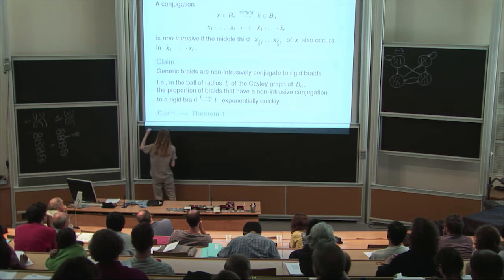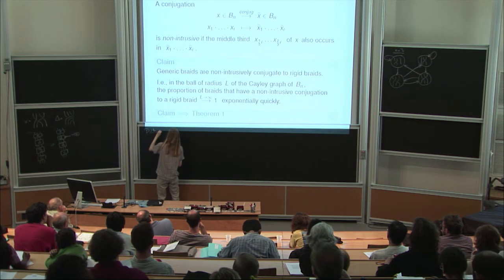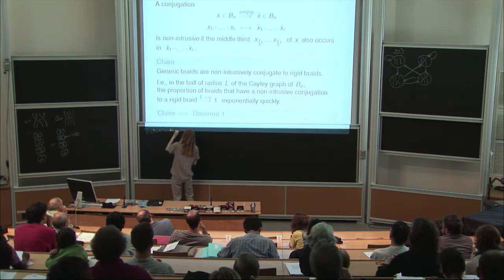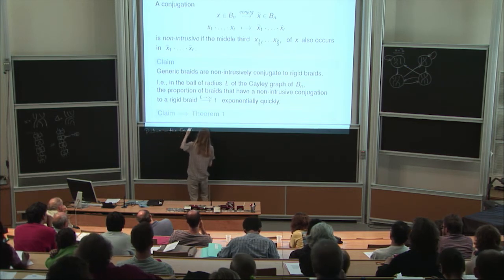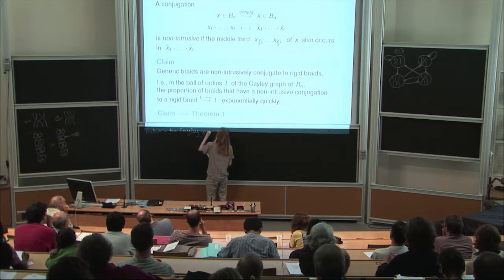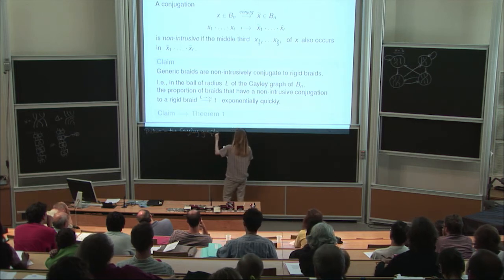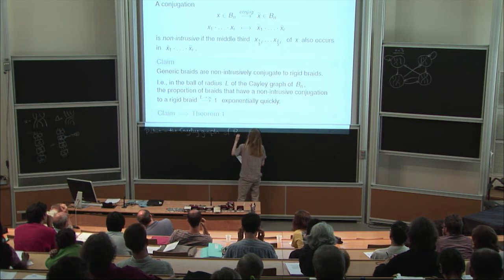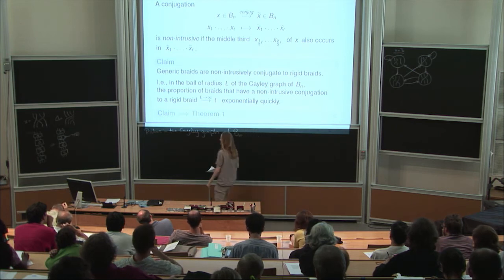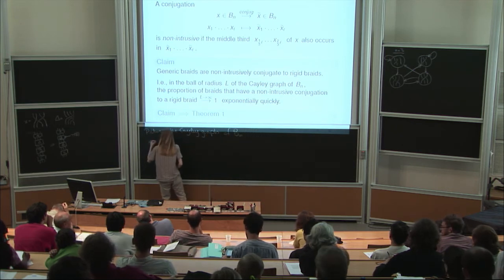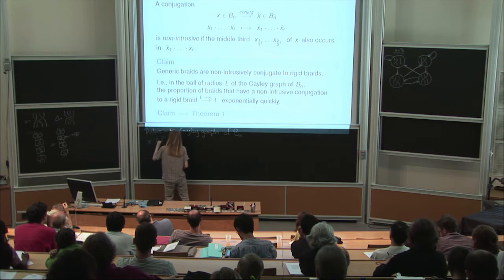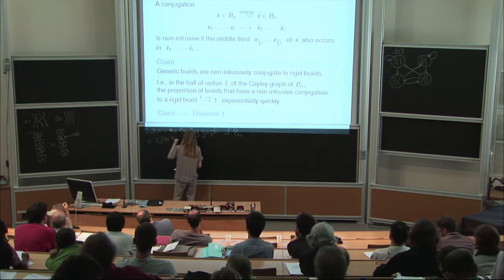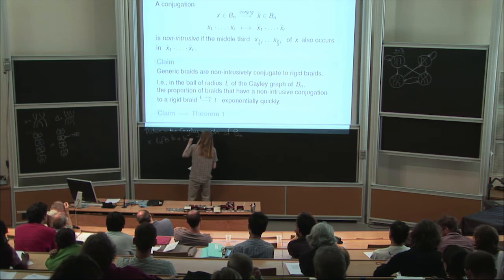So let me draw a picture in the Cayley graph of Bn. Now x, our braid x, lifts to a bi-infinite path.